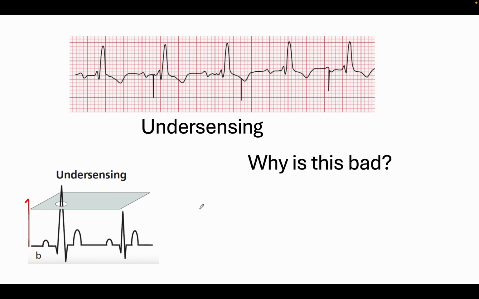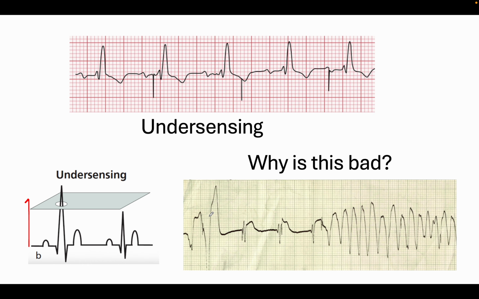Why is undersensing really bad? Well, in this example, you can see that the pacemaker is blindly pacing, even though we have really good intrinsic conduction, and then eventually a pacing spike unfortunately lands on top of the T wave, and it creates this nasty polymorphic VT we can see here, and this is called R on T phenomenon.